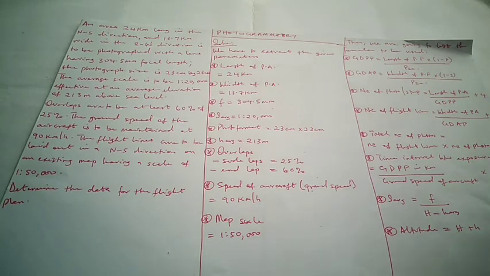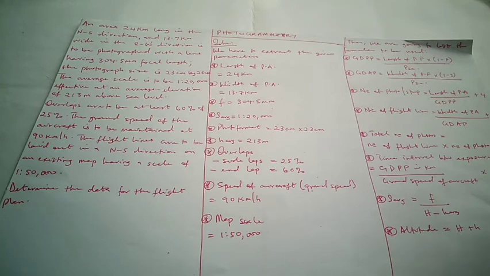So we have a particular question, as you can see: an area 24 kilometers long in the northeast direction and 13.7 kilometers wide in the east-west direction is to be photographed with a lens having a 304.5 millimeter focal length. The size of the photograph is 23 by 23 centimeters. The average scale is to be 1 in 20,000, effective at an average elevation of 213 meters above sea level.